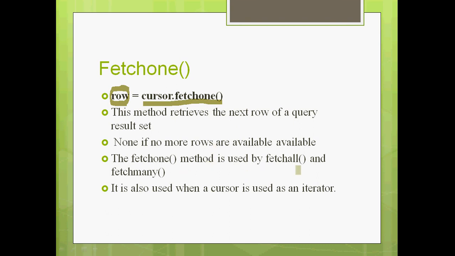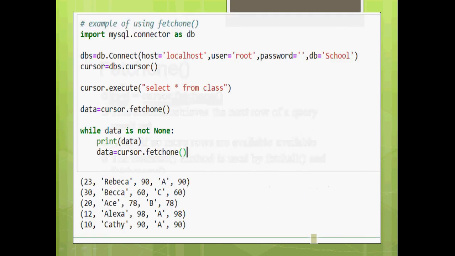So in fetchall, you take one by one and consolidate it into a result set. Fetchmany also takes one by one and makes a result set. So fetchone is used by fetchall and fetchmany. It is also used when a cursor is being iterated. Now this is an example.